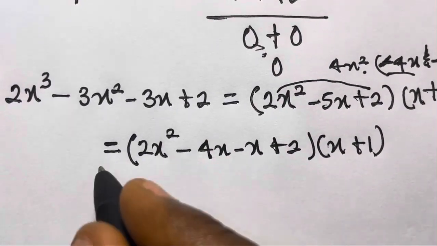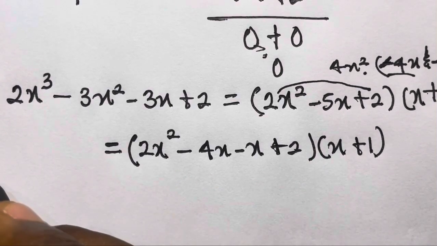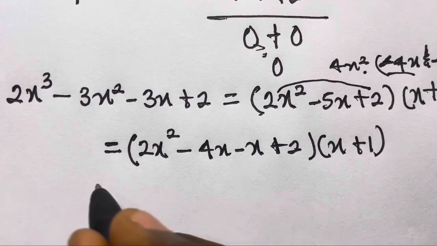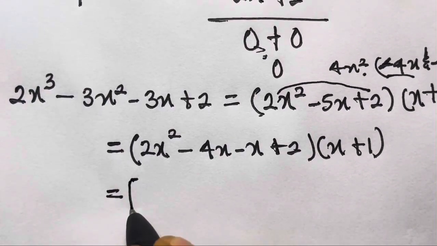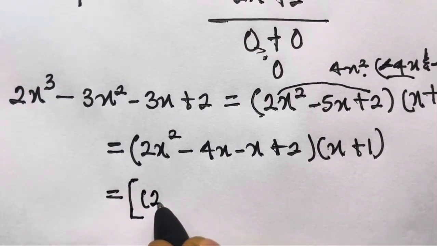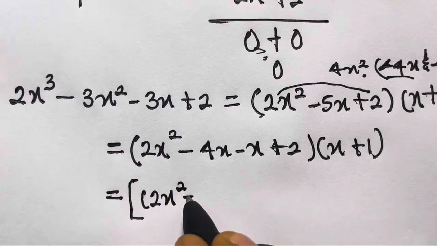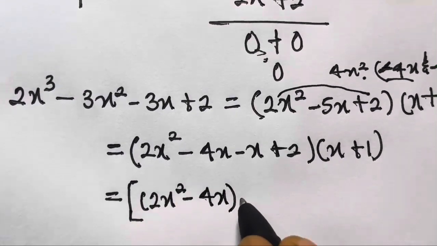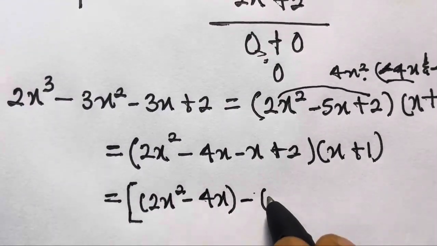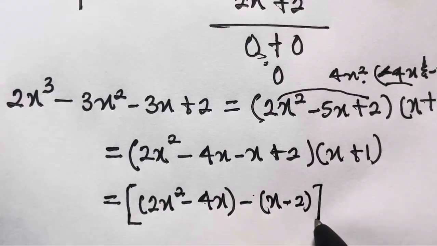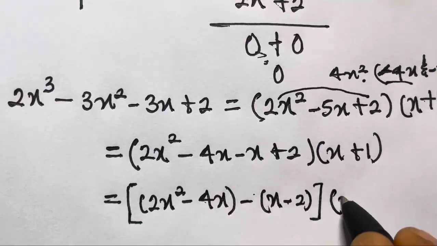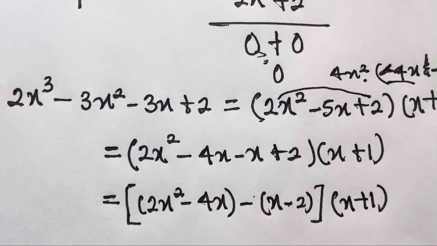Now we have to factorize this as well. So we have 2x squared minus 4x, then we have minus, what is left here, x, what is left here, minus 2. So we have this, then multiplied by x plus 1.